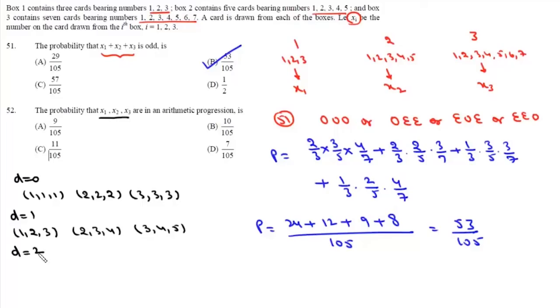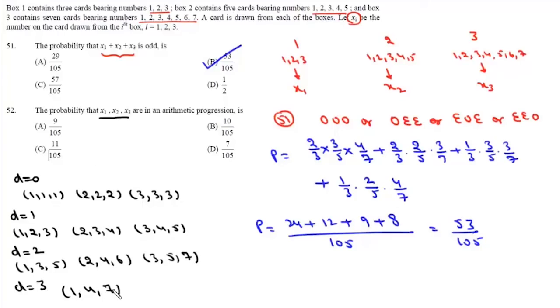If we take common difference of 2, then we'll have 1, 3, 5, 2, 4, 6, 3, 5, 7. And if we consider common difference of 3, then we'll have 1, 4, and 7.